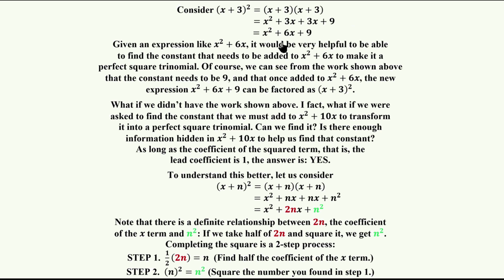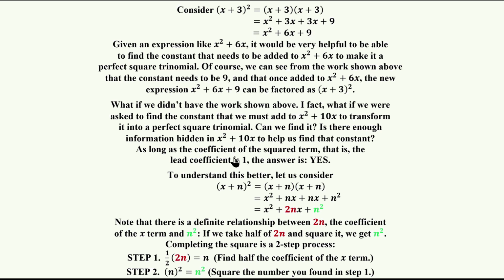Now, a very useful thing for us would be to be able to take an expression like x squared plus 6x and ask ourselves, what number do I need to add to x squared plus 6x so that it does turn into a perfect square of a binomial such as x plus 3 squared? And of course, in this simple case, we know it's 9 because we saw it worked out here.